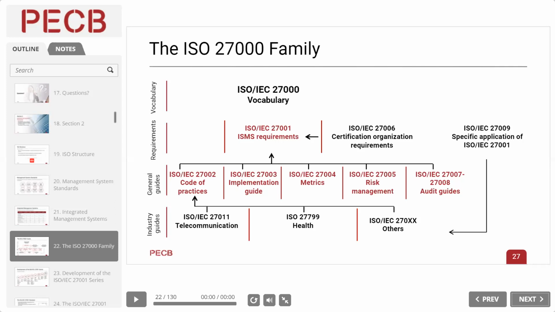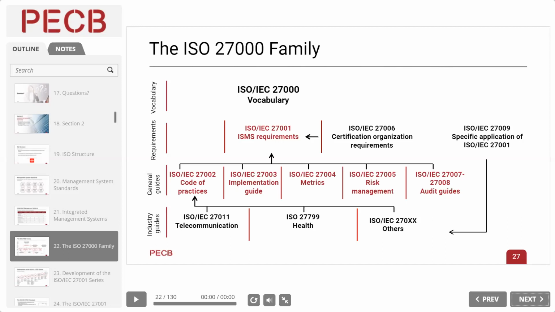Okay. So that's what you certify on. All the other documents are supporting documents, which add a little bit more information in a specific aspect of that management system. Okay, so the key ones are the ones in red.